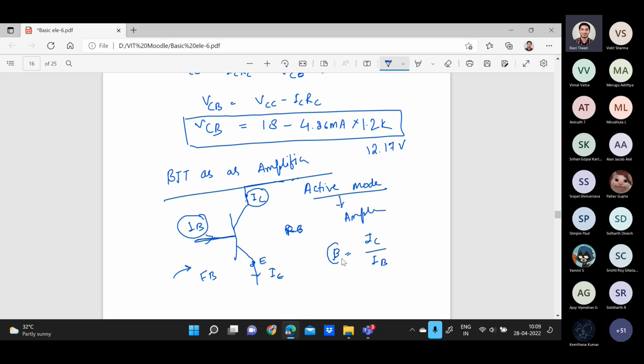The value of beta is around 100 for the common emitter. You give the input in microamperes, and you can get the output in milliamperes. That's why, when you connect the BJT in the active mode, you can get amplification.